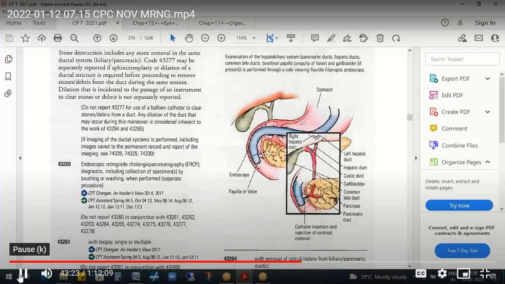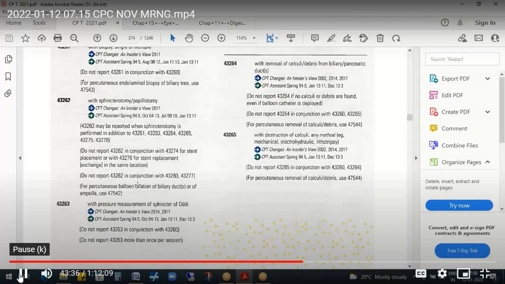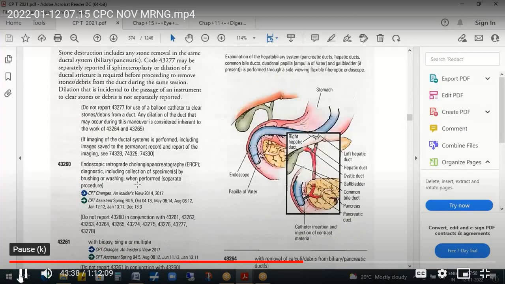43260. Above there is a small paragraph. Are you able to notice, everyone? 43260. If imaging of the ductal system is performed, page number 348. You can see 43260. Above, a small paragraph is there.